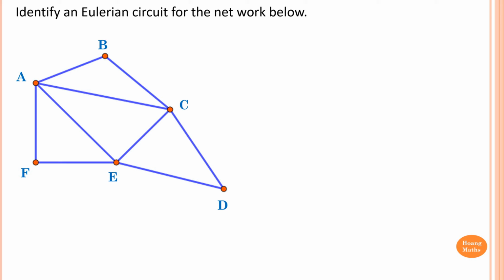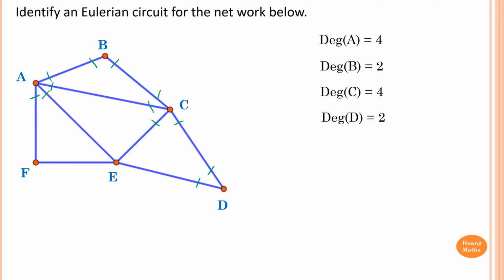So for I, we have 1, 2, 3, 4, so we have a degree of 4. For B, 1, 2, so a degree of 2. And for C, 1, 2, 3, 4, so the degree is equal to 4. And for D, 1, 2, so the degree is equal to 2.